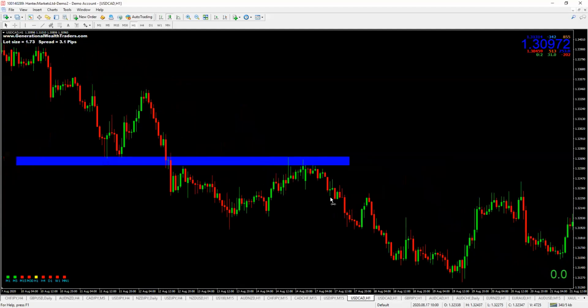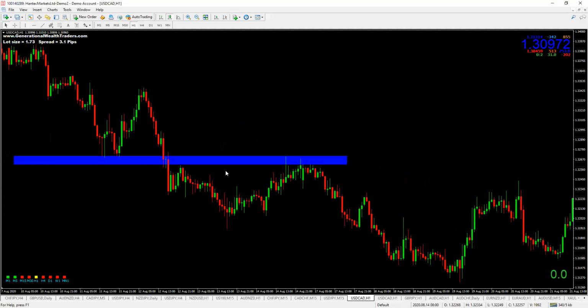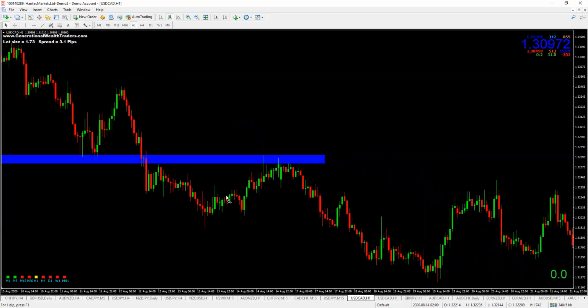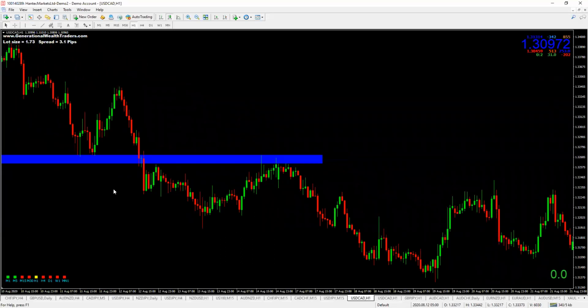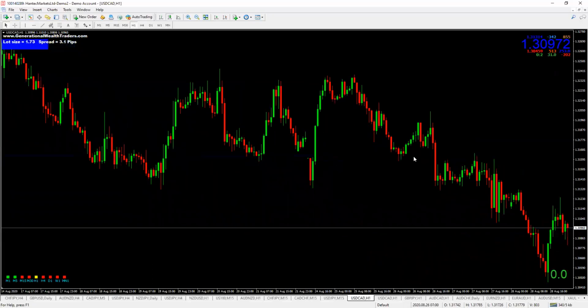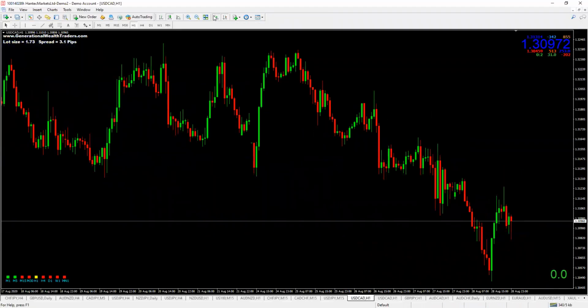Now, you cannot identify an area of support and resistance except you look back in your chart, except you go back using previous data. There is no other way to identify an area of support and resistance. So even where we are now, this is the 1 hour candle time frame.